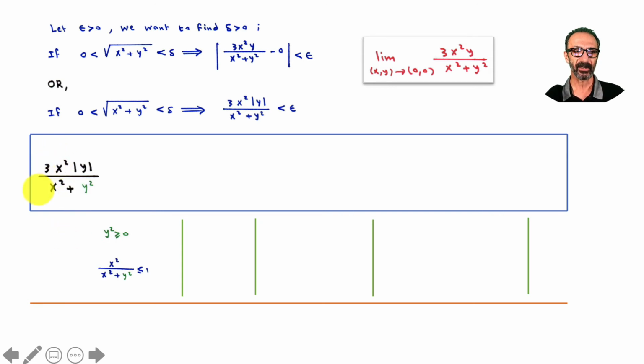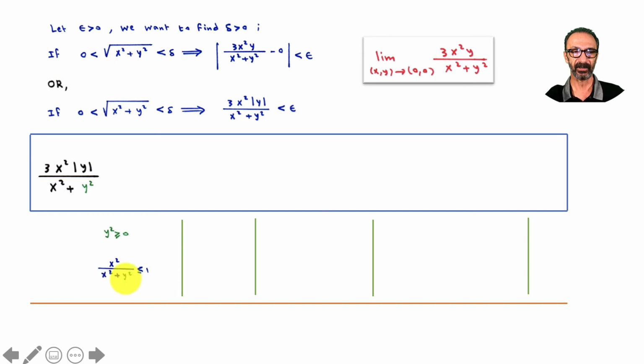Now, looking at this right here, without the 3, without the absolute value of y, it's x to the second over x to the second plus y to the second. Because y could be 0 and could be more than 0, and it's being squared, this fraction will be less than or equal to 1. If y is 0, the fraction will be 1.